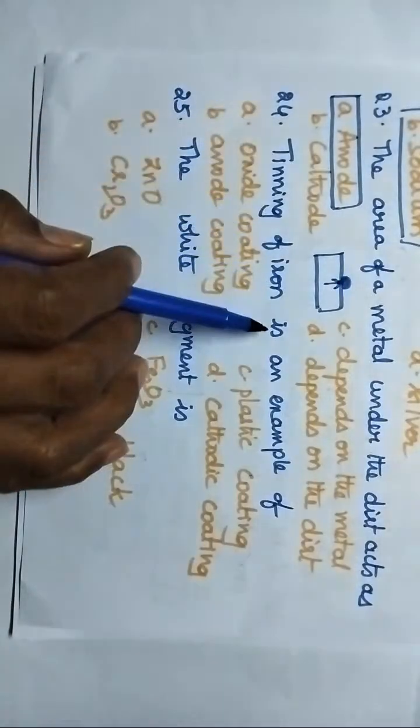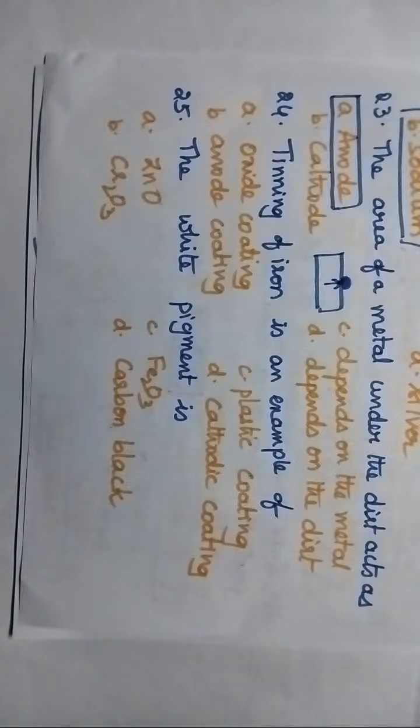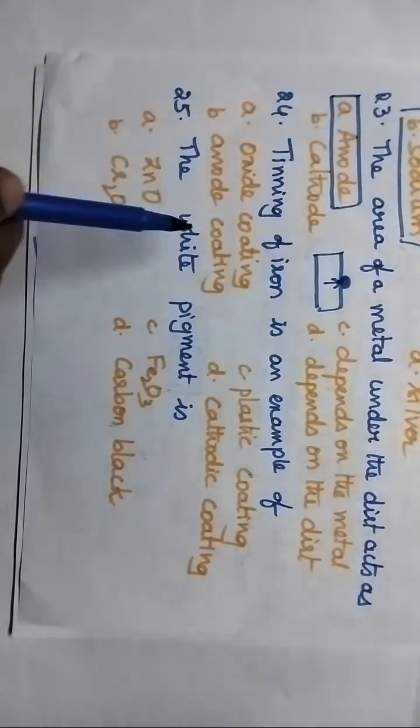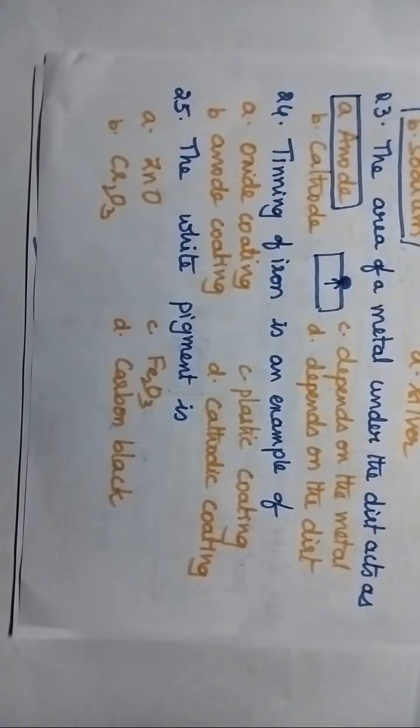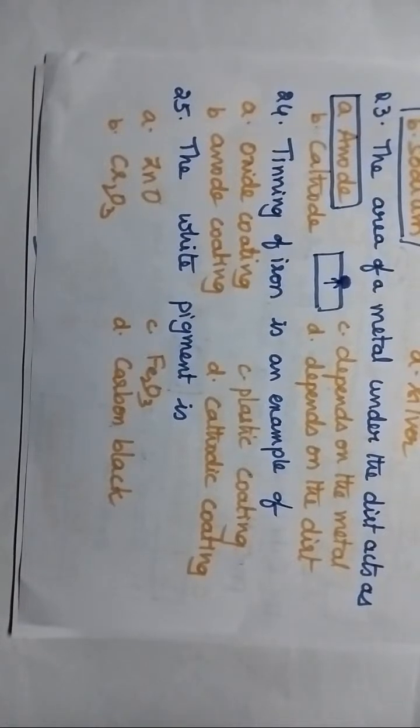Tinning of iron is an example of A. oxide coating, B. anode coating, C. plastic coating, D. cathodic coating. You have to identify the right option.